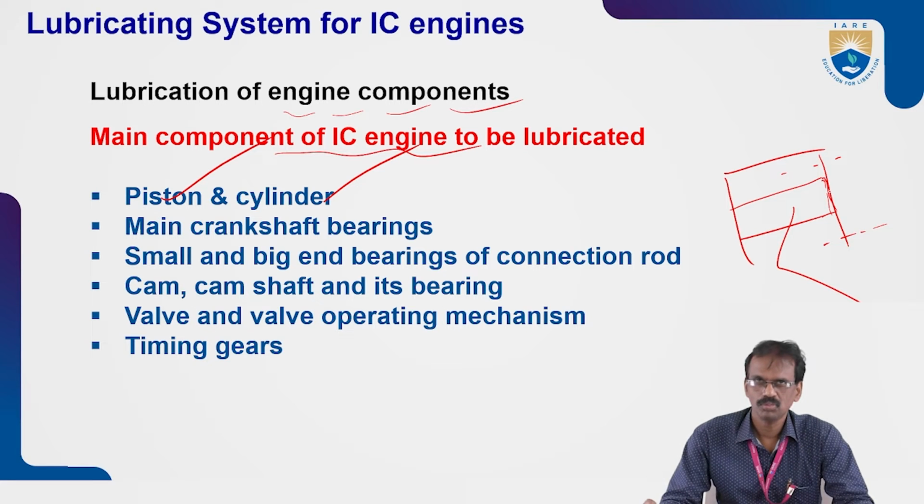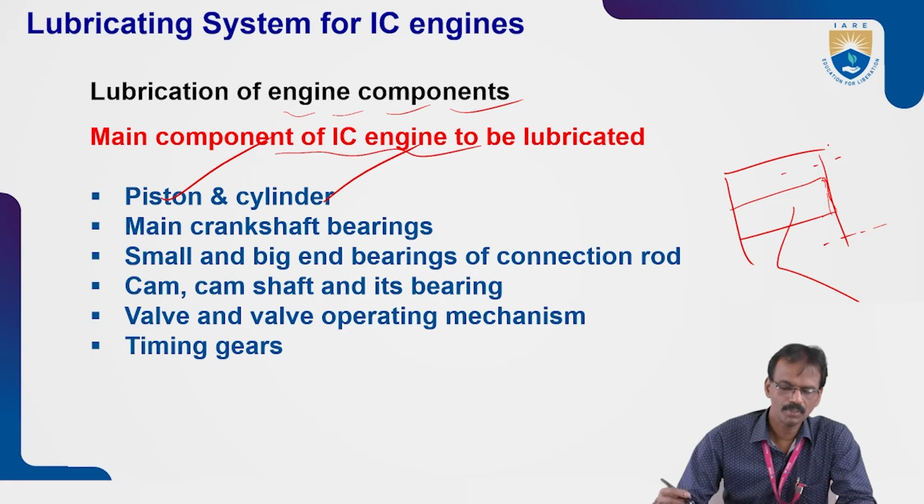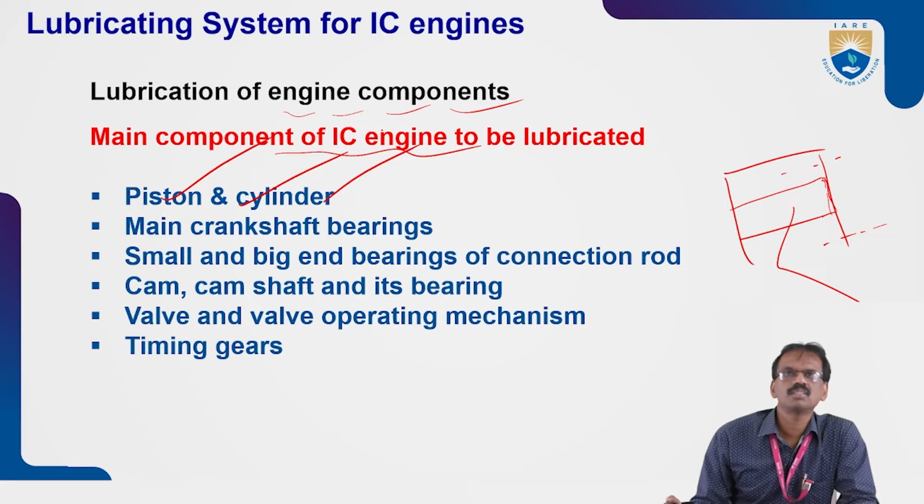So for this one, we should provide a lubrication system. By applying the lubrication system, we can reduce the wear rate and tear rate, and lubrication also provides free movement of the piston in the cylinder. Otherwise, it will be seized in the engine cylinder. So piston and cylinder, these two parts are very important.